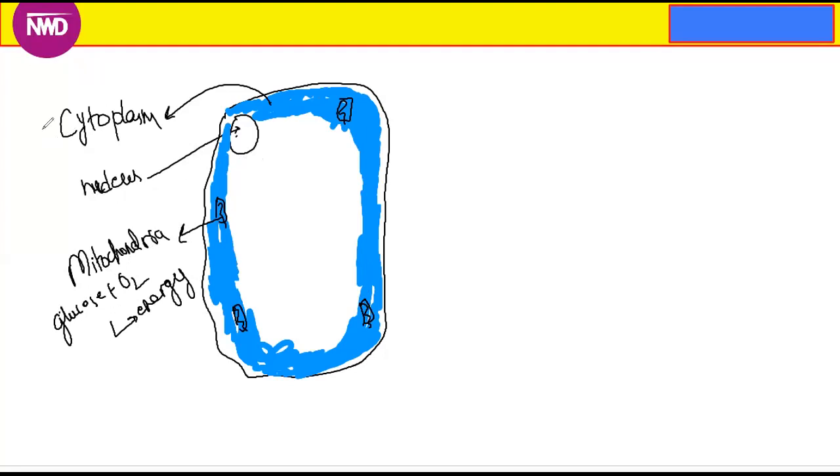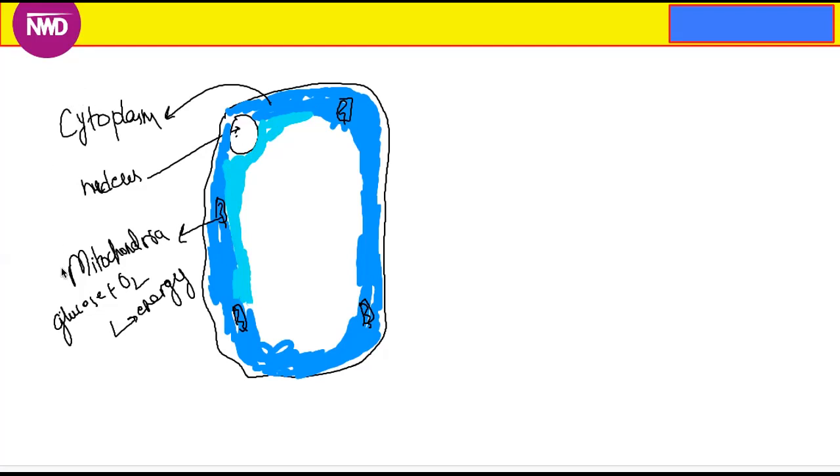Then what have we seen extra here? One second, students. Sorry, I have used a different color, but it is blue. Here we have seen something called a vacuole.